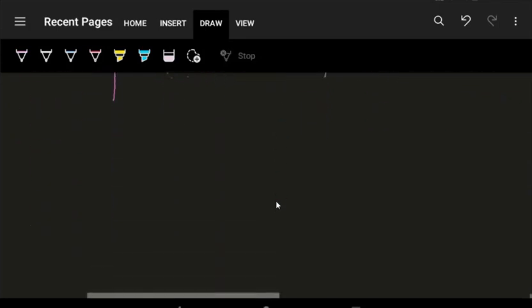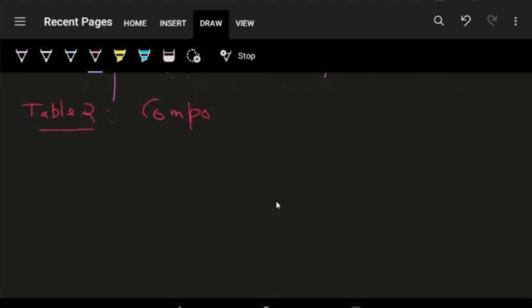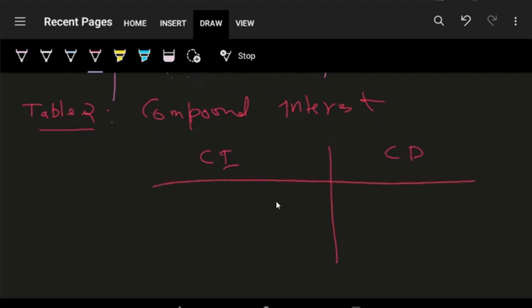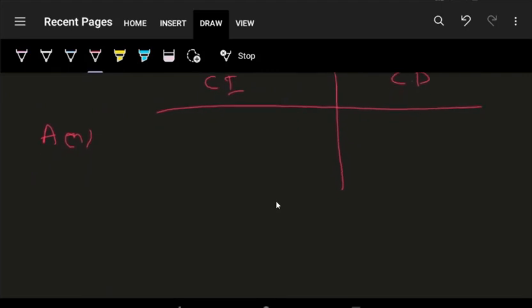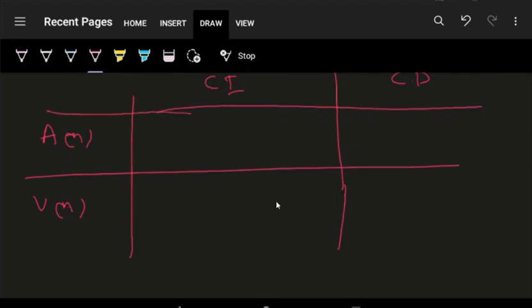Similarly, we can make a table for compound interest also. Table 2: compound interest, compound discount, a_n, v_n. So a_n is (1 plus i) to the power n, and v_n is (1 plus i) to the power minus n. v is the 1 year discounting factor, which is 1 over 1 plus i.